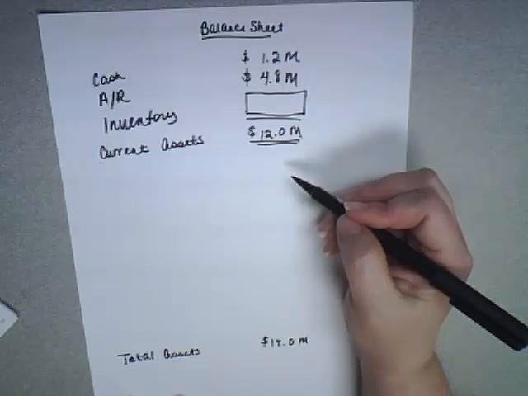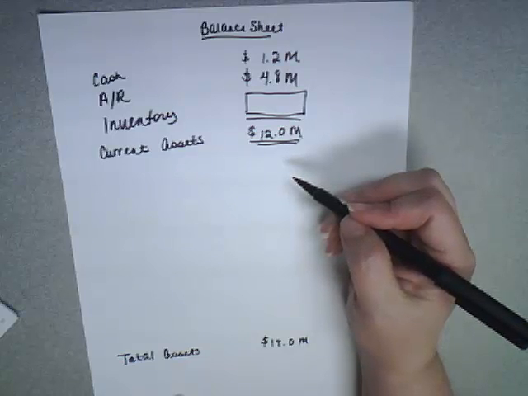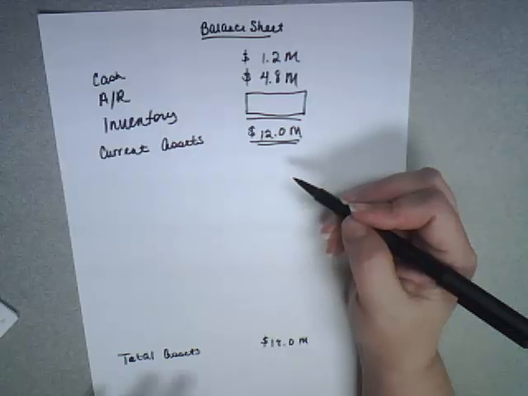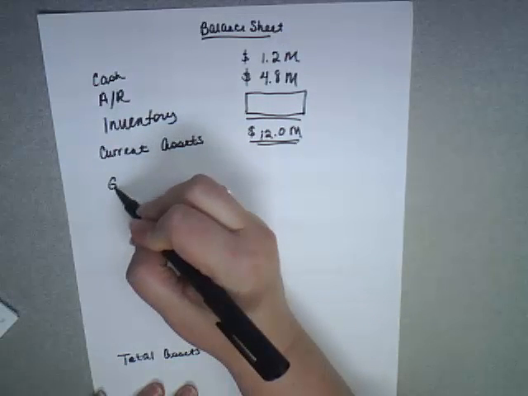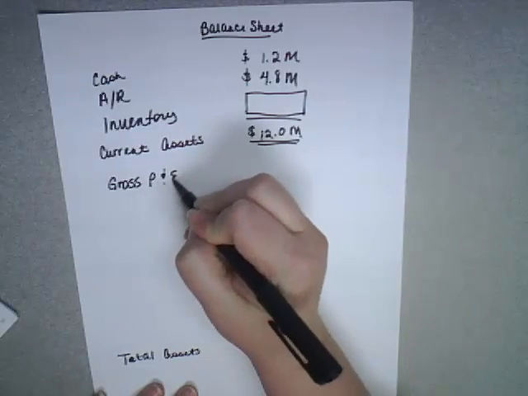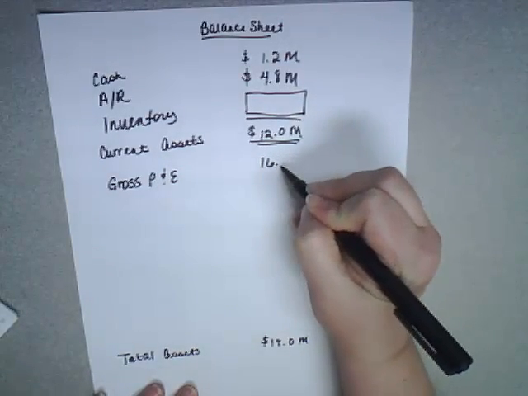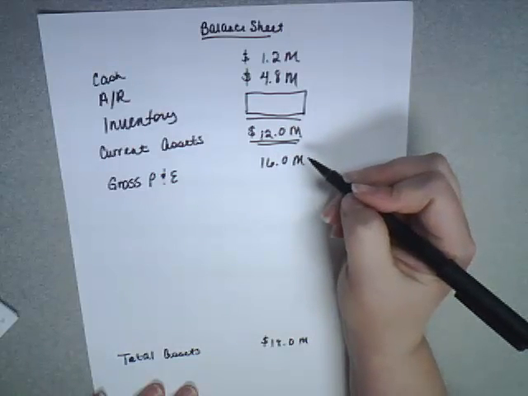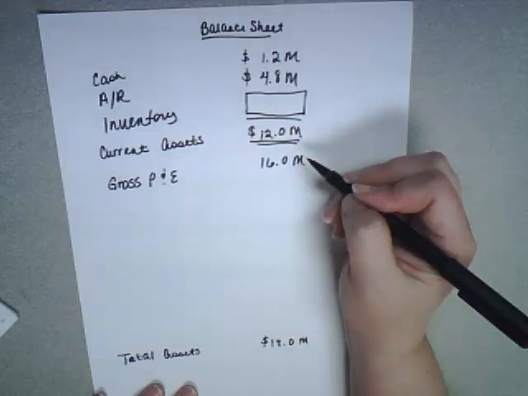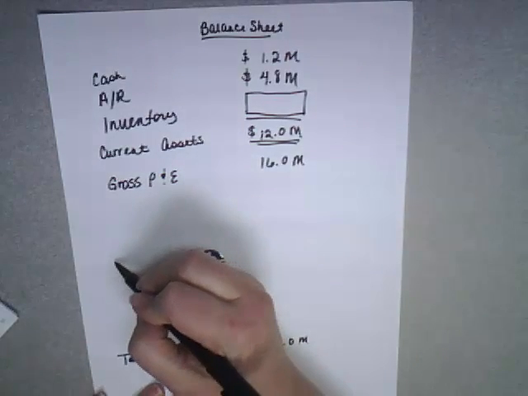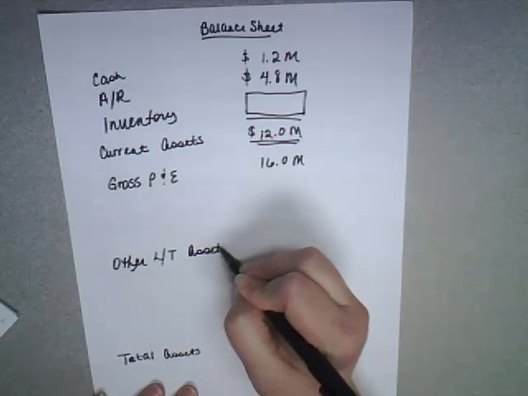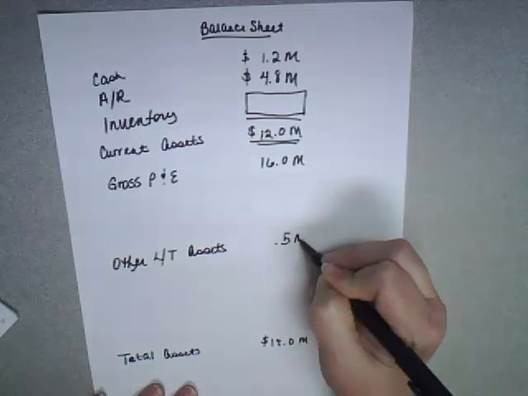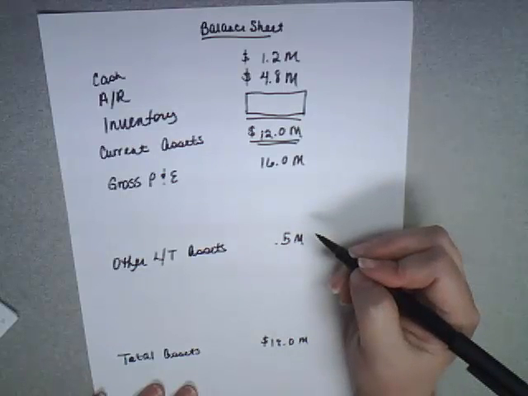Okay, then it goes on to say that the gross plant and equipment has a book value of 16 million. So if we come down here and put gross plant and equipment as 16 million there, and then other long-term assets have a book value of $500,000.